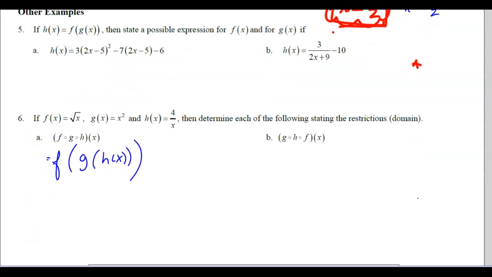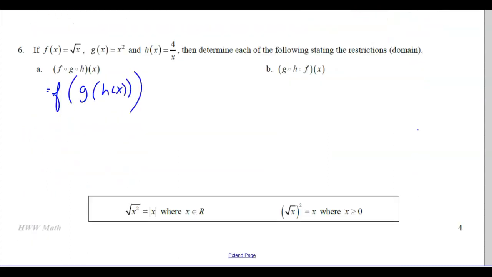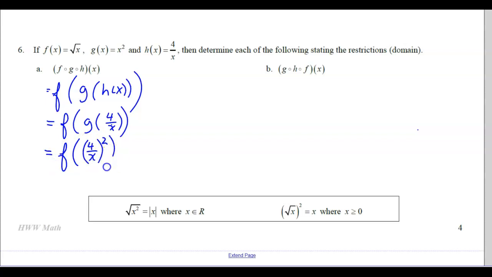Okay, let's see. So h is 4 over x. Then in g, I put 4 over x. So I have to square that, which you could show as 16 over x squared.